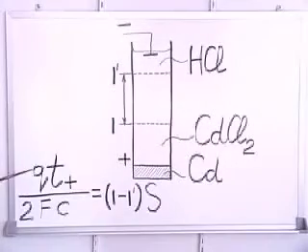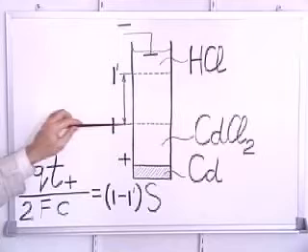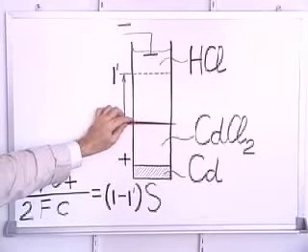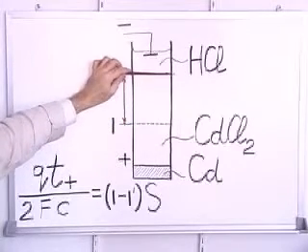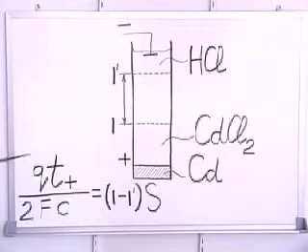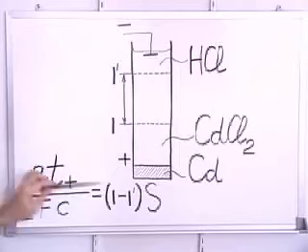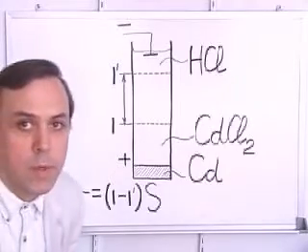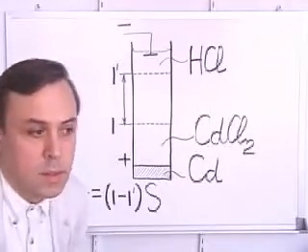Now, if Q is the quantity of electricity that has passed for a time tau through the system, that is, for the time for which the boundary has moved from its lower position to its upper position, that is, from position 1 to position 1 prime, then the product of Q and the transport number of the cadmium cations gives the quantity of electricity that was transferred only due to the cadmium cations.